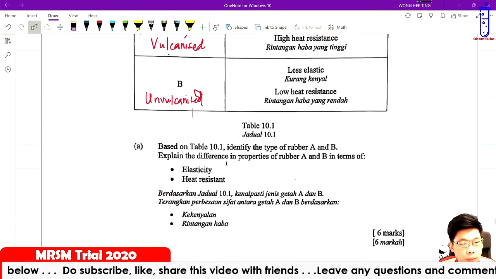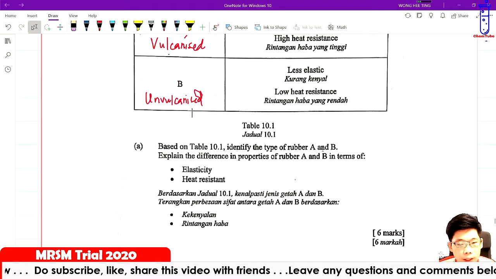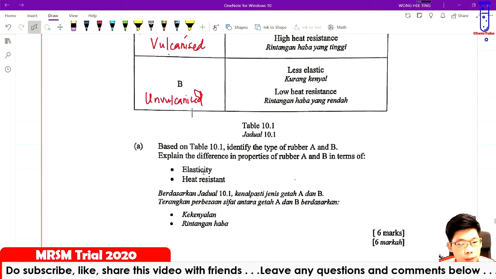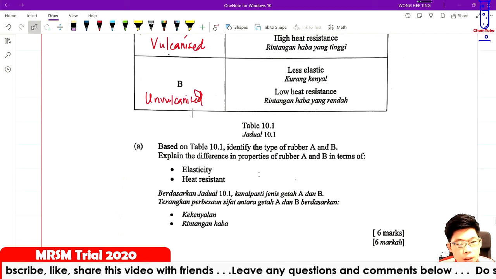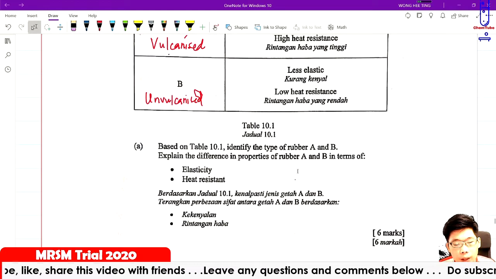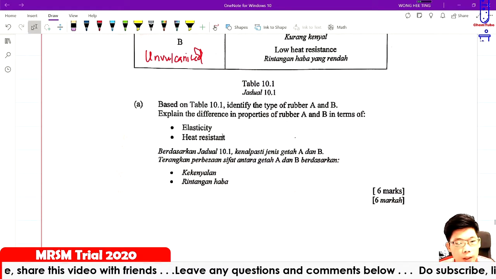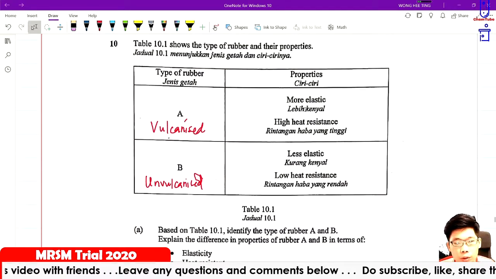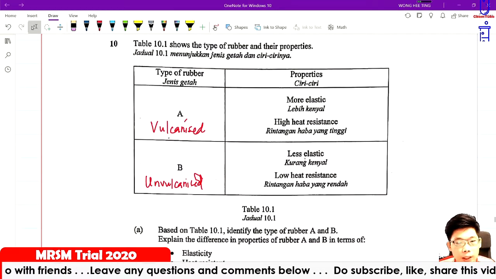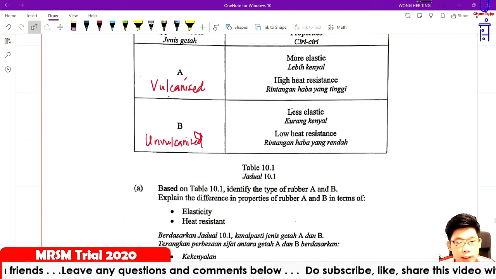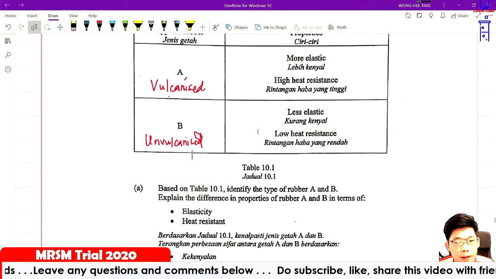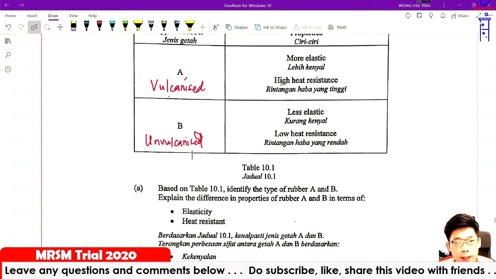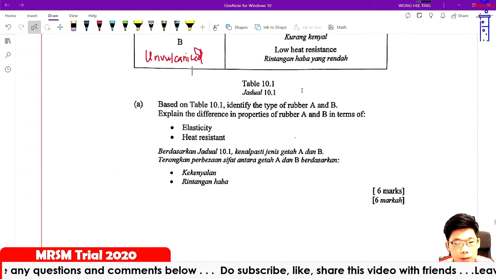So based on the table, identify the type of rubber A and B. Then explain the difference in the property of rubber A and B in terms of elasticity and heat resistance. We have to explain why the vulcanized rubber is more elastic and why it has a higher heat resistance. So 6 marks here.